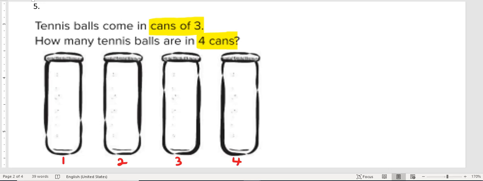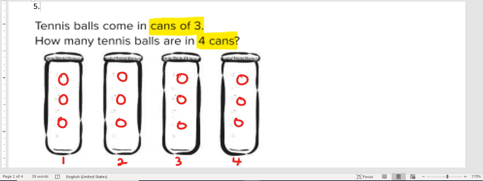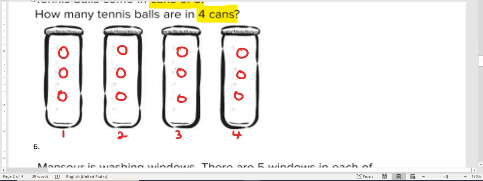In each can, it states that we have 3, so 3 tennis balls in each can. 1, 2, 3. 1, 2, 3. 1, 2, 3.